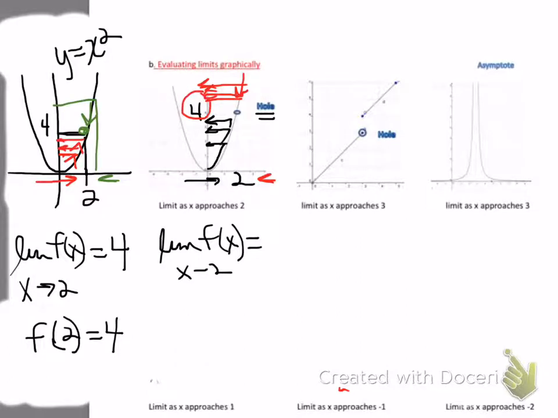So since I converge at the same number from either side, that is my limit, and I can say the limit of f of x as x approaches 2 is going to be 4.